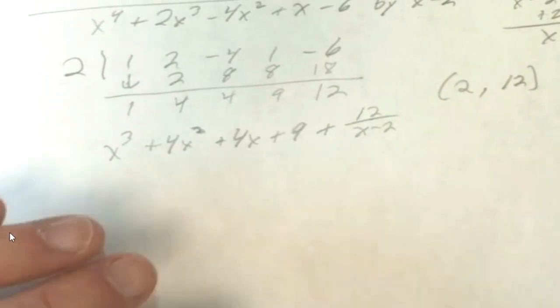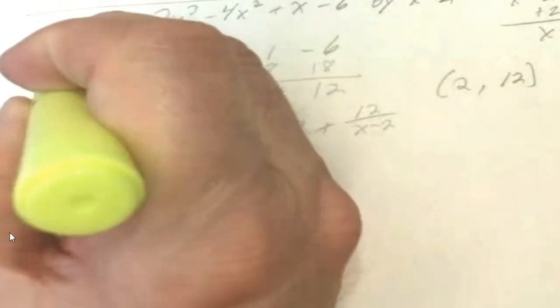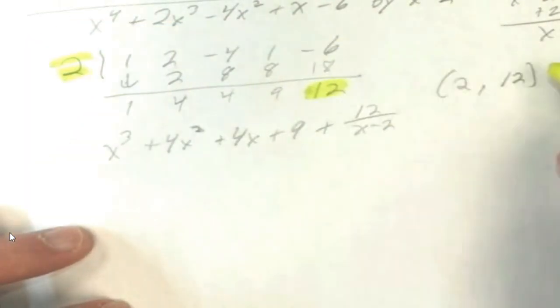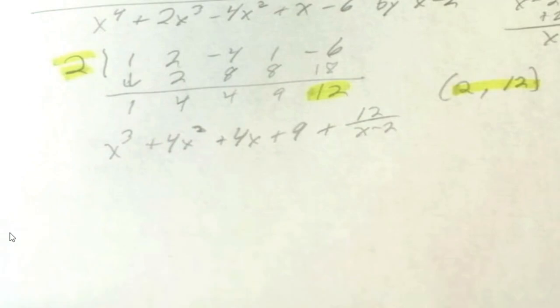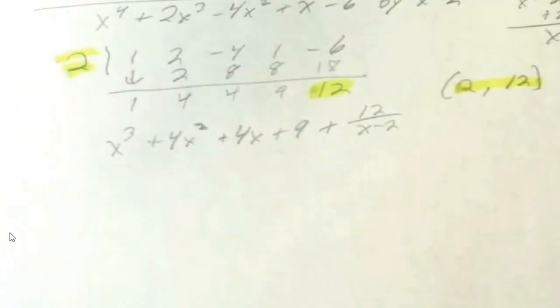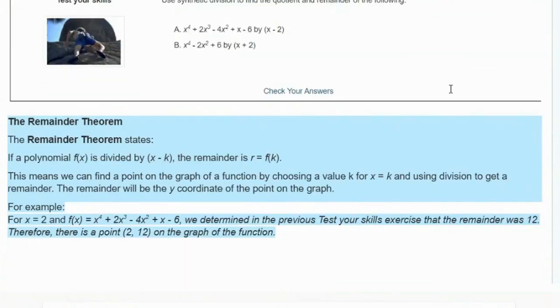Yes. We divide by 2. The remainder is 12. So that means the point (2, 12) is on this graph. This is the remainder theorem. For x equals 2, divided into this, the remainder was 12. So that means there's a point (2, 12) on the graph.